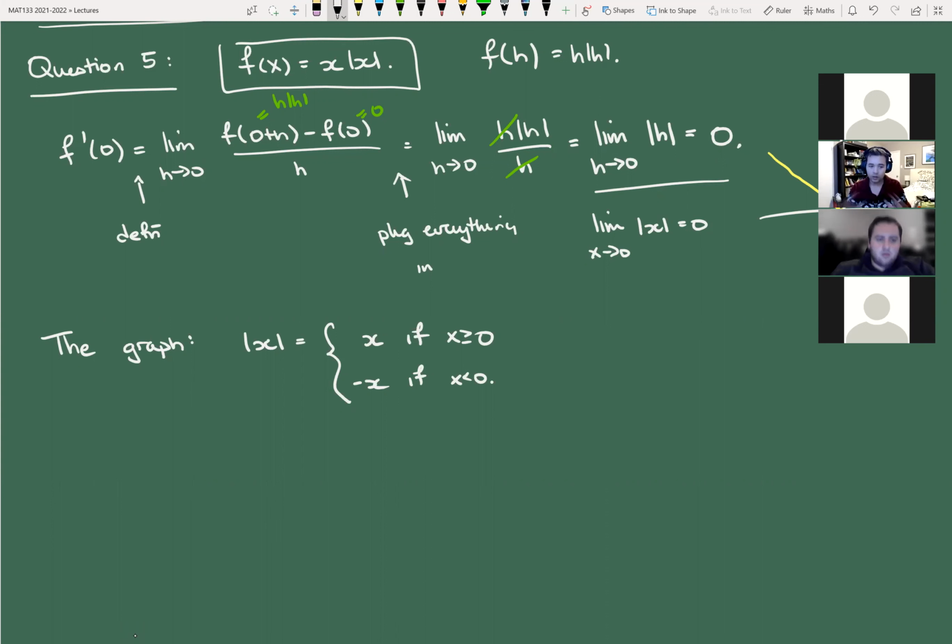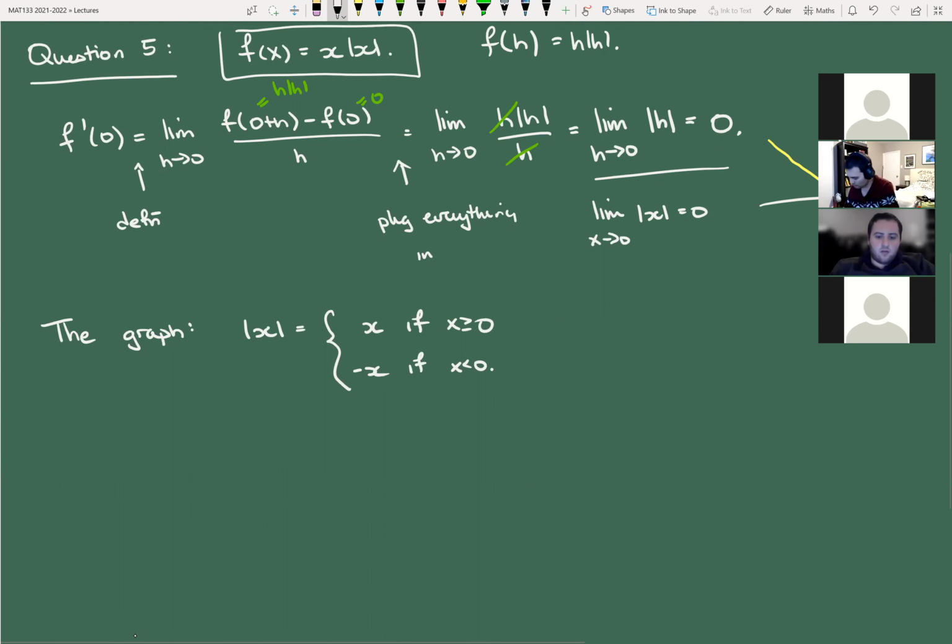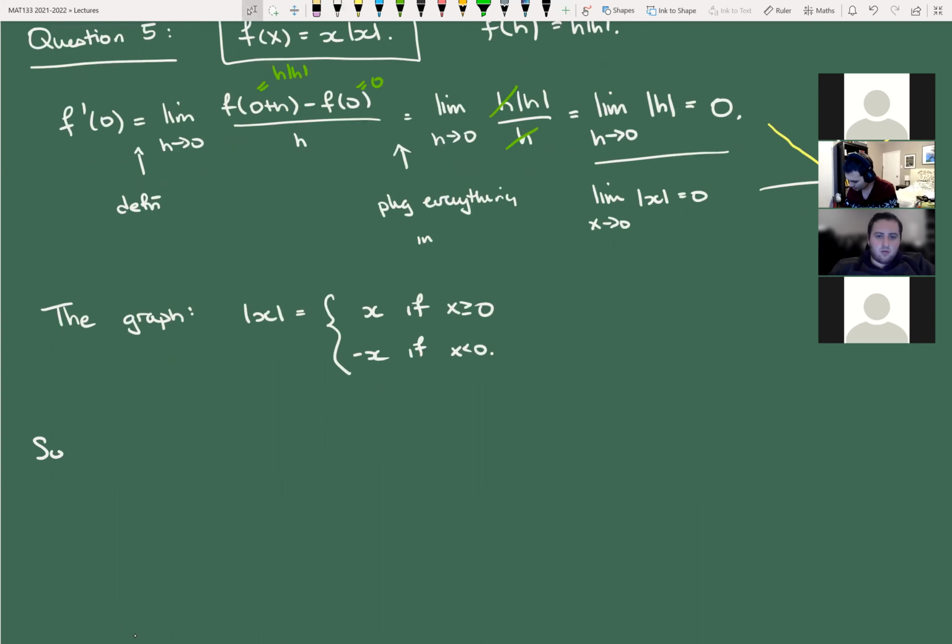That's all the absolute value is. It's just a fancy way of writing this piecewise function down. So if we look at x times the absolute value of x, I'm just going to multiply everything here by x. That will give me x squared if x is greater than or equal to 0, and negative x squared if x is less than 0. Does that make sense?